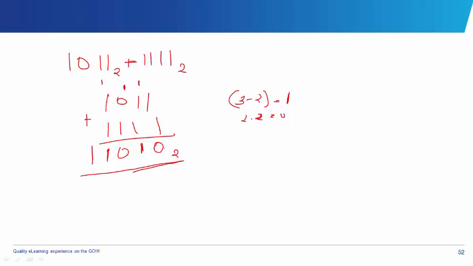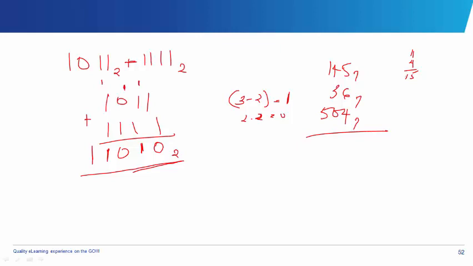Okay, let's try another one in another base. 145 base 7 plus 36 base 7 plus 504 all in base 7. So 5 plus 6 will give us 11 plus 4 is 15.